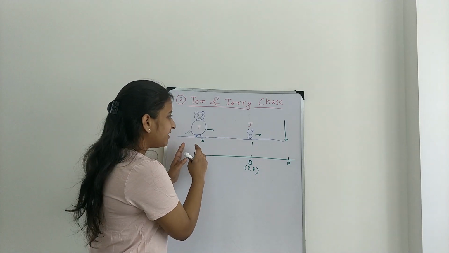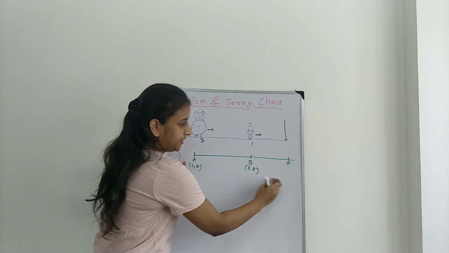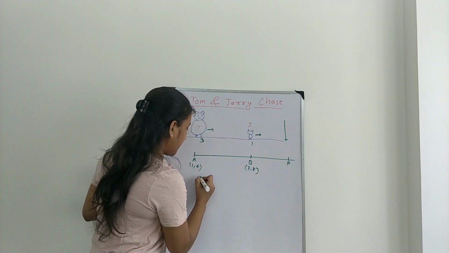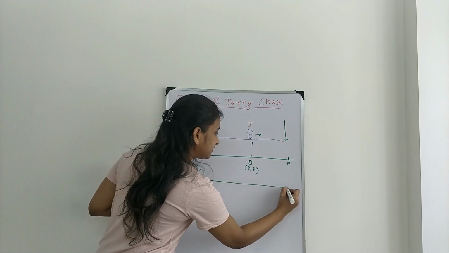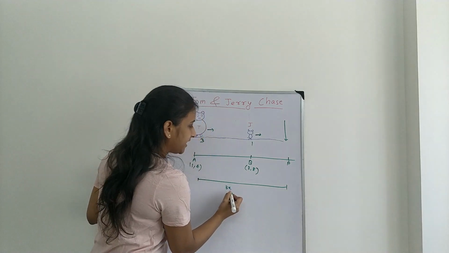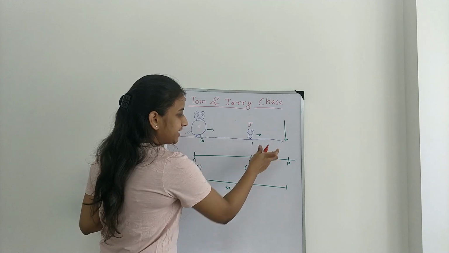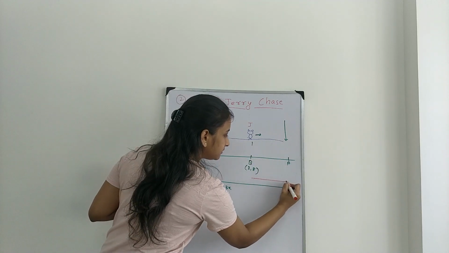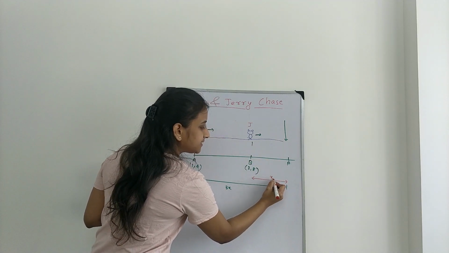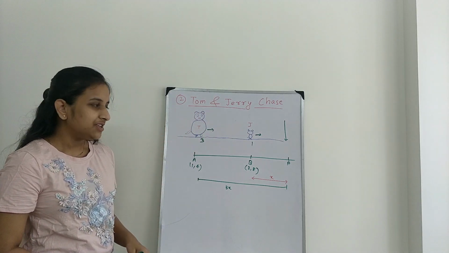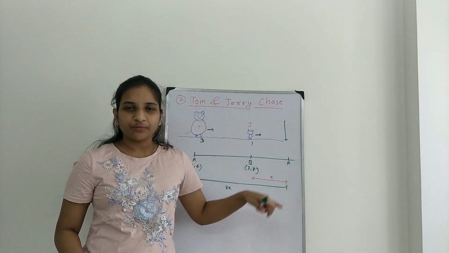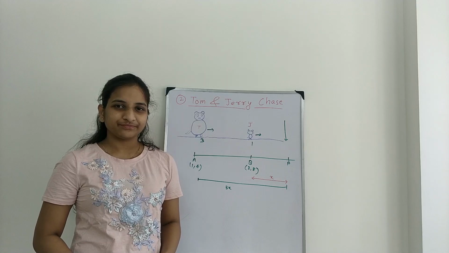See, distance travelled by Tom is AP. So AP is nothing but this distance. AP is 3x and distance travelled by Jerry is BP. This distance is x. So we need to find point P coordinates.